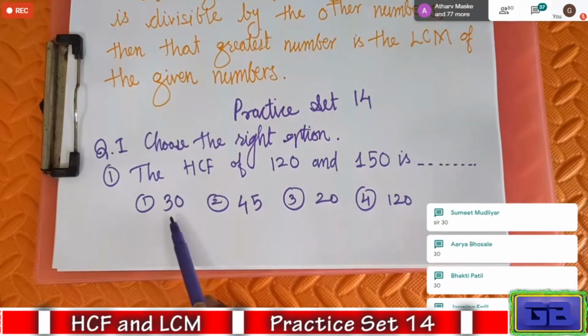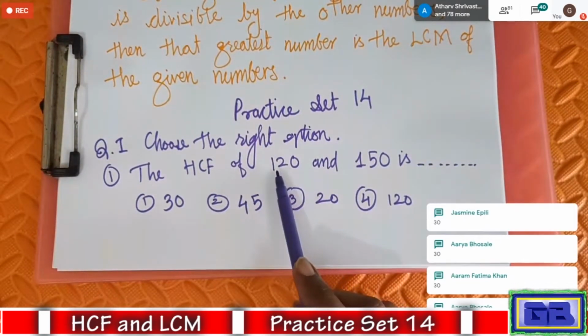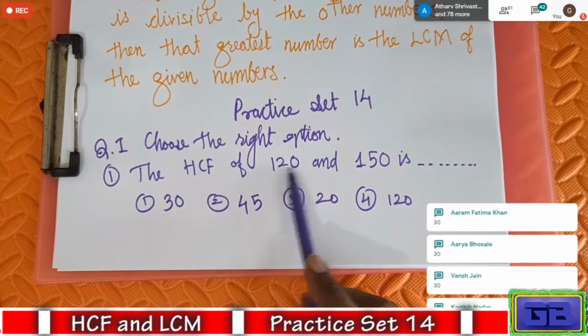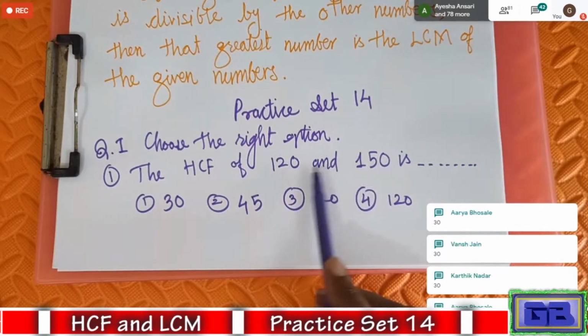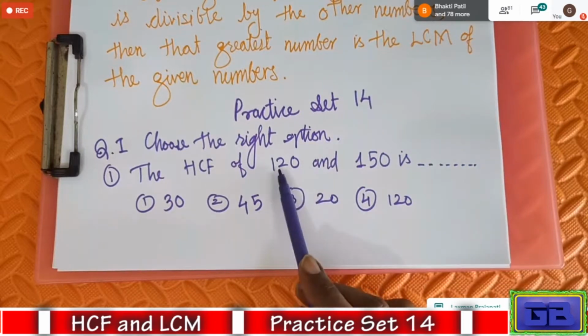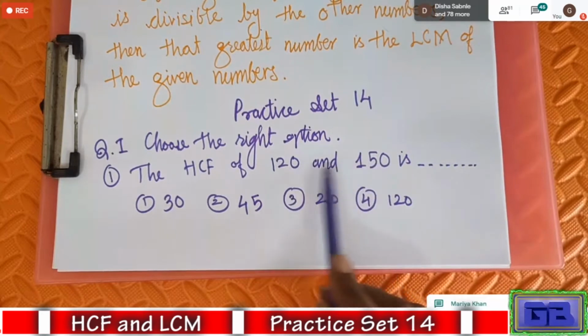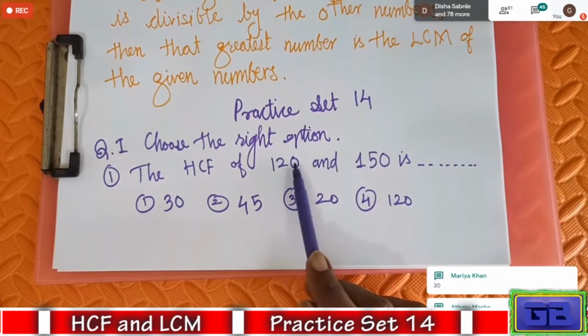Yes, 30 is the correct answer, because if we see in 120 and 150, units place 0 is there, it means 10 multiplied by 12, 10 multiplied by 15. 10 is a common number in both.